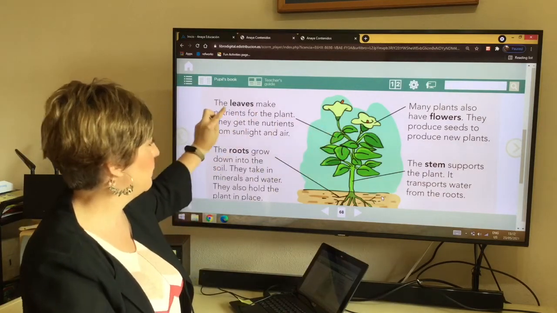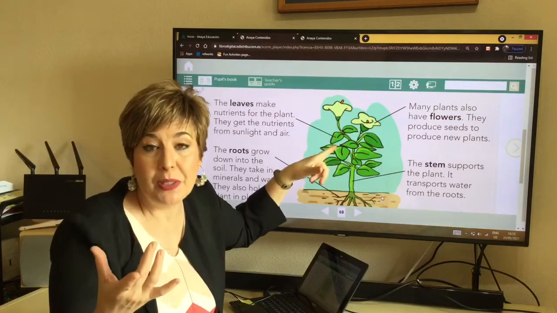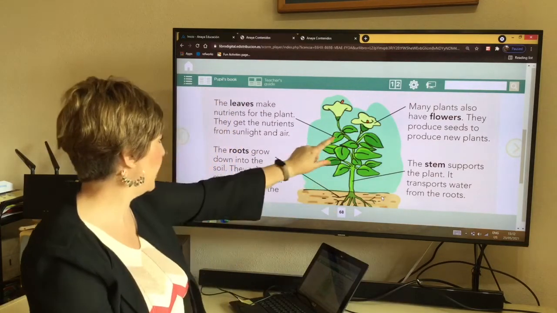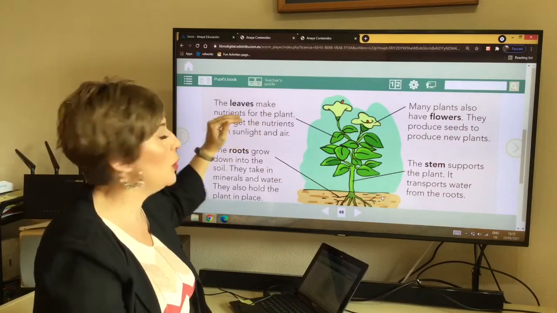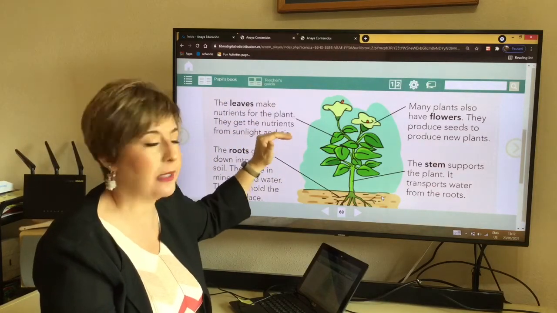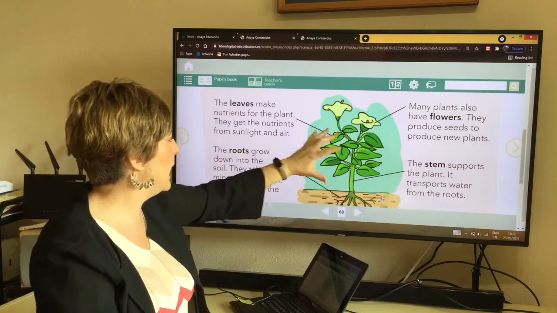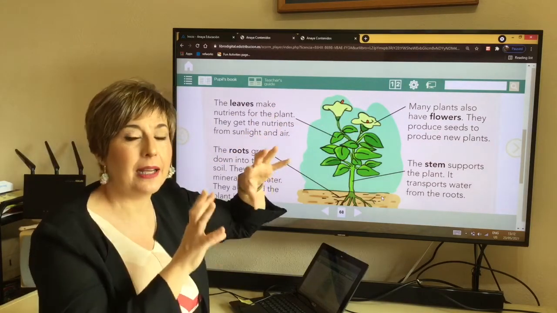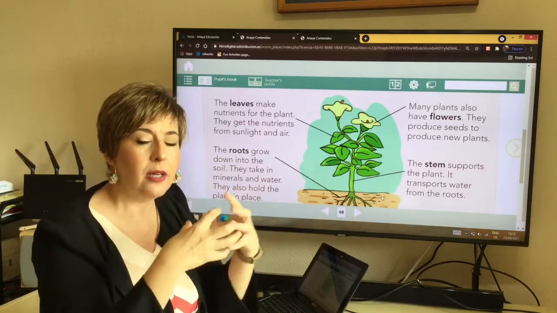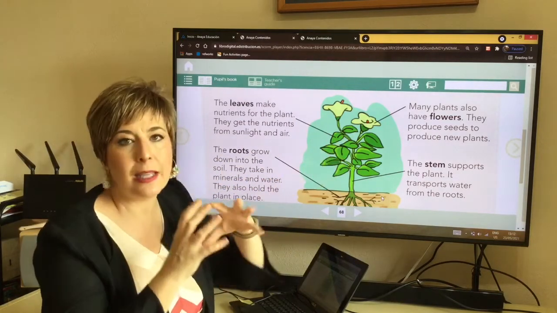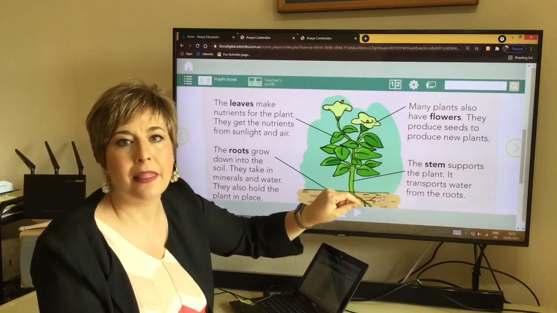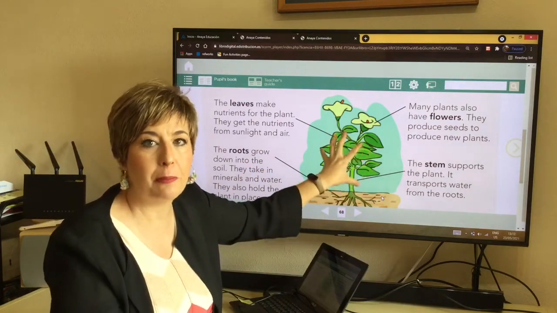The leaves, remember I told you in the classroom that the leaves are the little kitchens of the plant. The leaves make nutrients for the plant. They get the nutrients from the sunlight and air, and with a mixture in the leaves, they cook those nutrients and they make food for the plant.